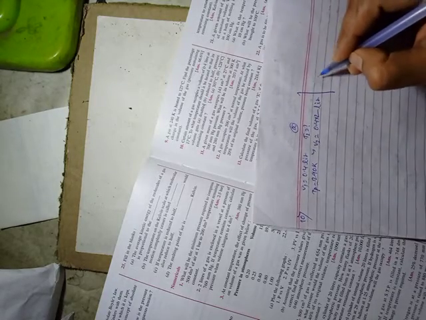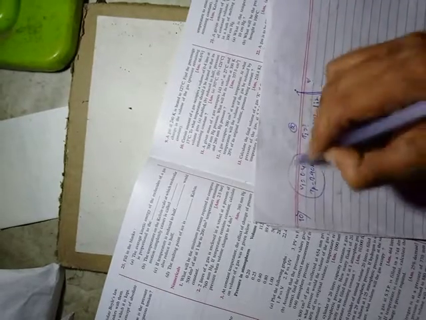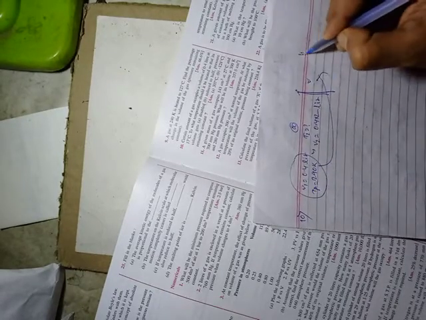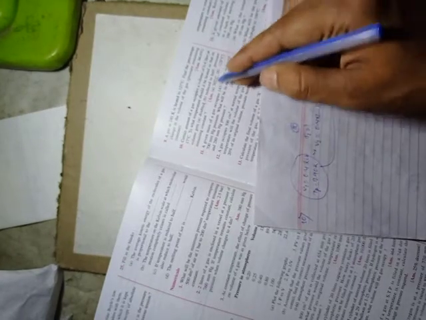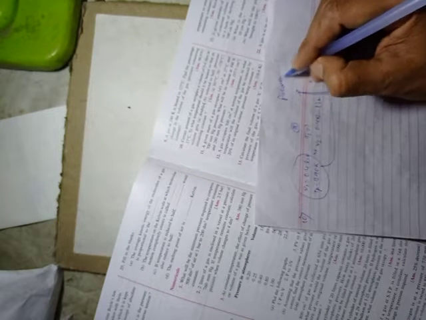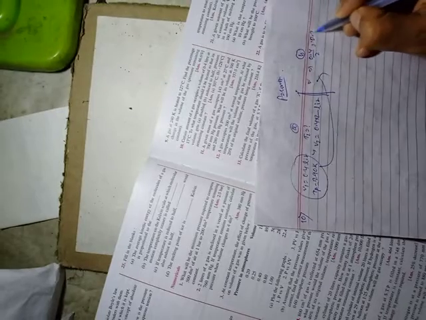Similarly students, here the primary value of V1 has been given. For B you can see the volume is reduced to half, with pressure remaining constant, so Charles law. Volume half means 0.4 by 2, which is 0.2 liter.